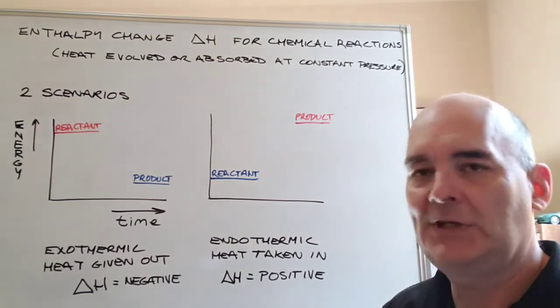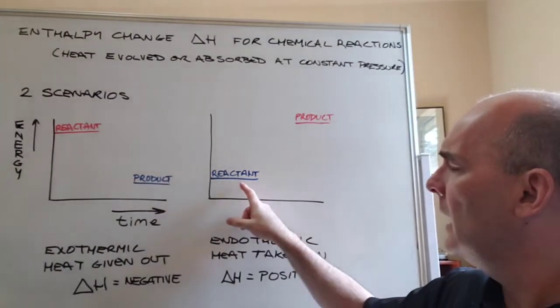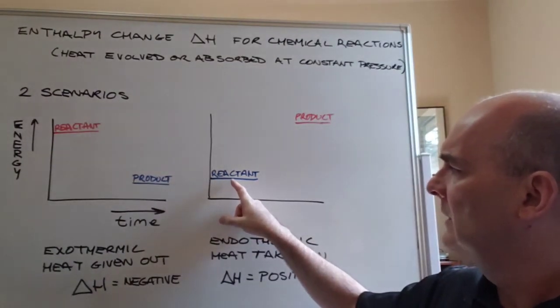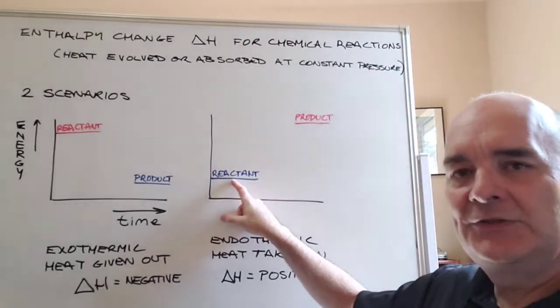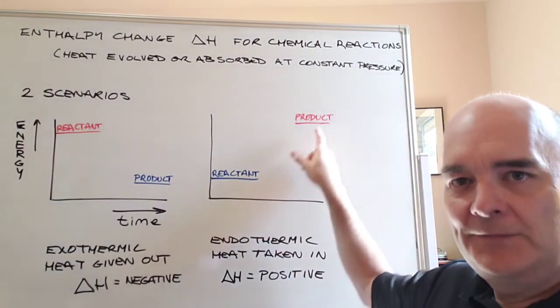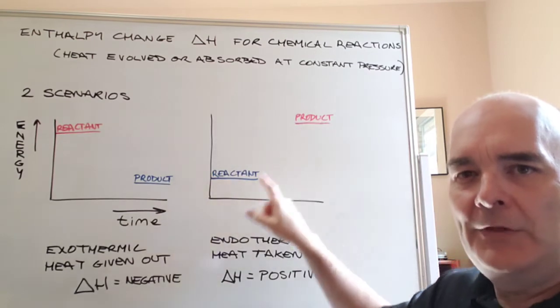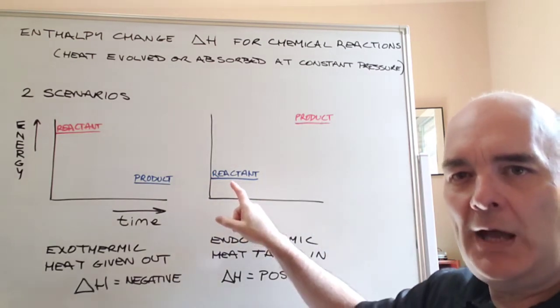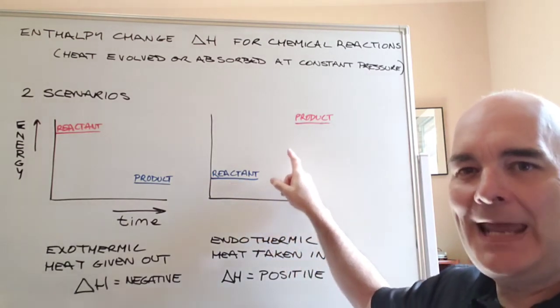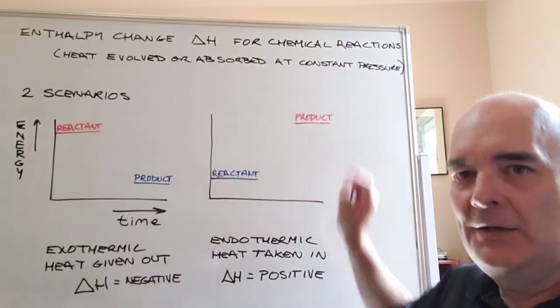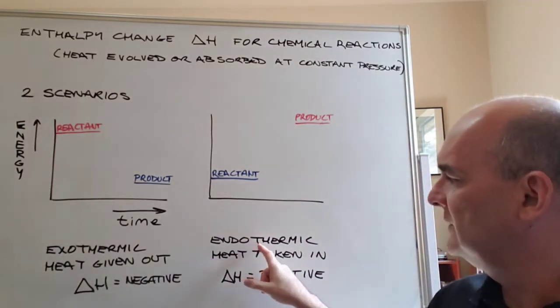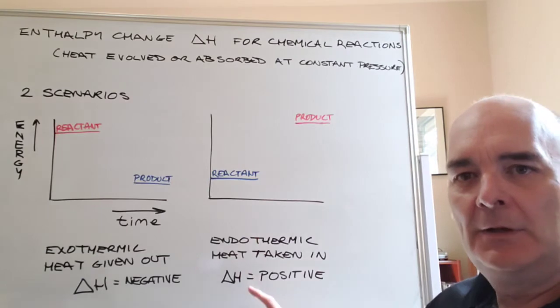Remember, heat has a direction. Our other scenario is that our reactants are lower in energy than our products, and that over the course of time, energy is taken in to make the reaction work. This is called endothermic.